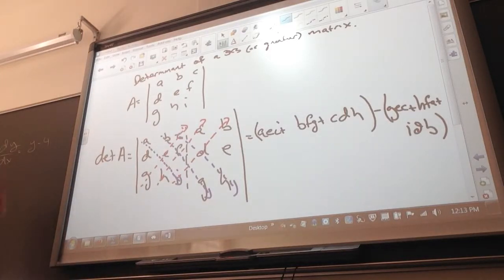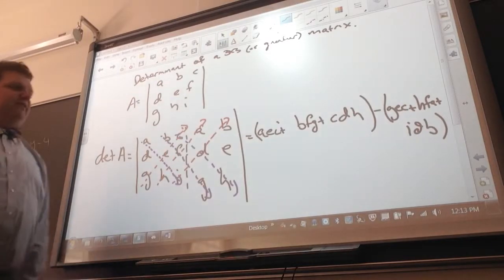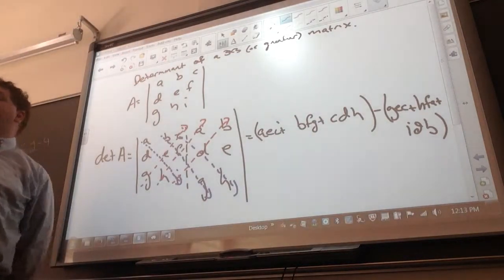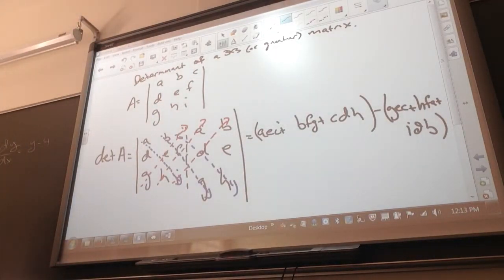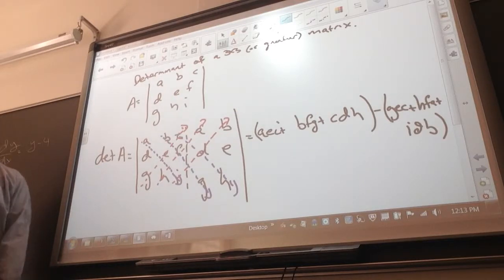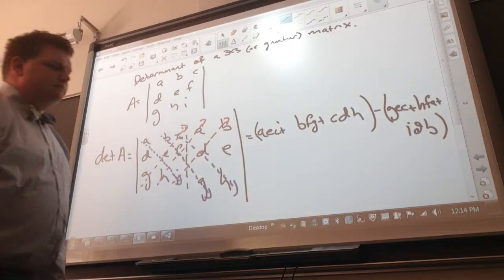But the augment makes it a little bit nicer and easier on the eyes to see how it works. But that's all you do. And so whatever the answer to all of this is going to be my determinant. Again, it's just going to be a single number, like 12, or 84, or -4. Okay. All right. That's it.